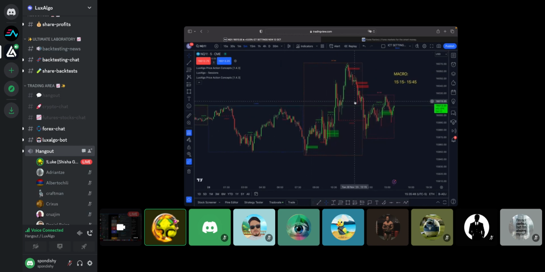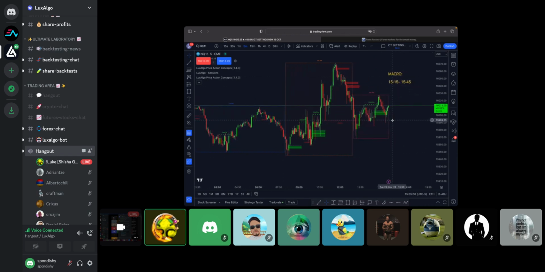It's a time where the market will just speed up and grab any liquidity it can. So the last one we have right now is the 15:15. So let's see what happens in the last 5 minutes. You will see a speedy move to take out either a high and then continue low. If we take out this high, we can look for a short to take all these liquidities.